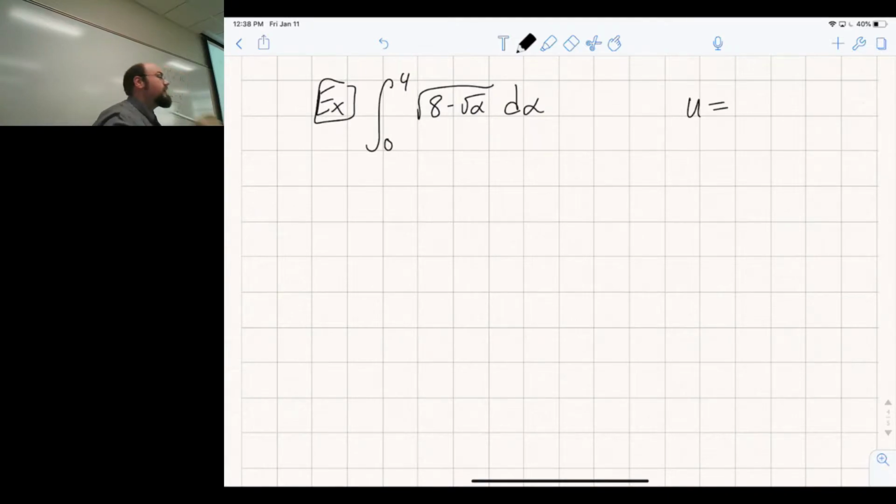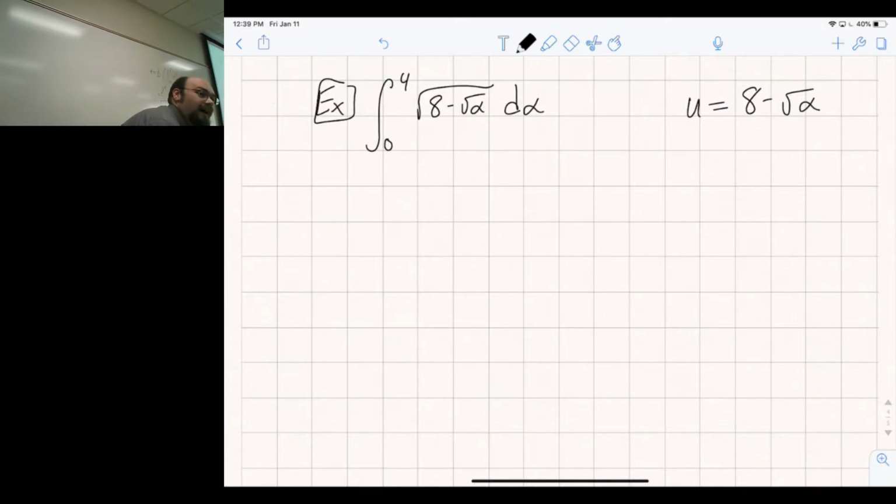So what do you think, and it's okay, I'll tell you if you're wrong, we should use for u? Yep. 8 minus the square root of alpha. And just like we did in the previous problem, the first thing I solved for was what?